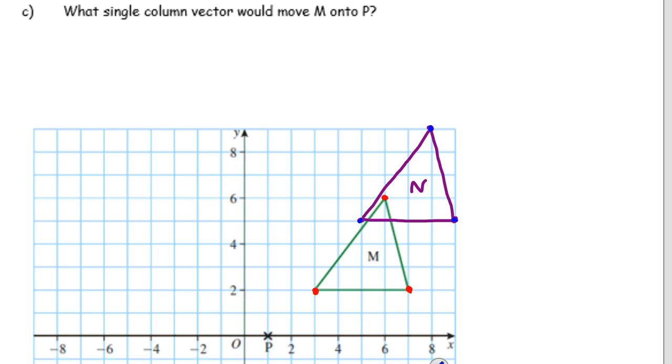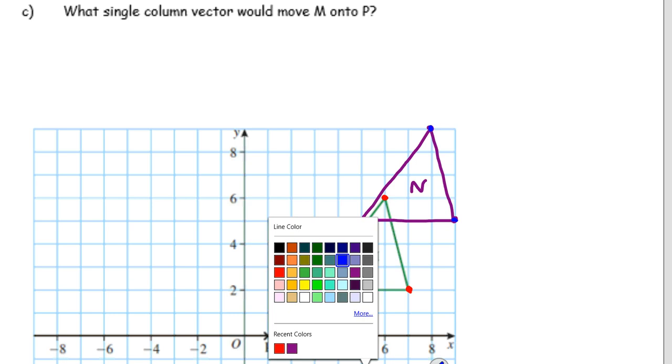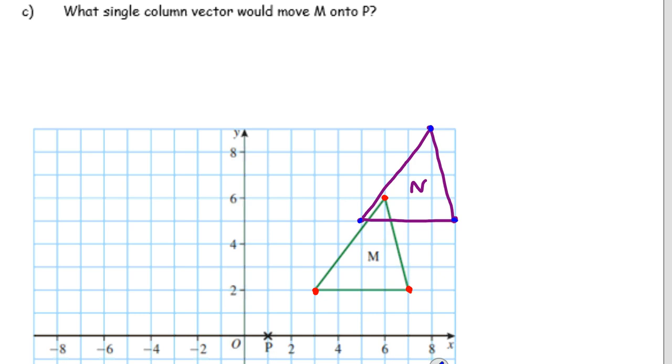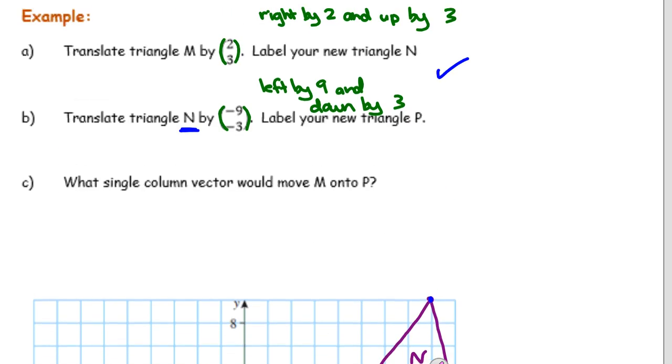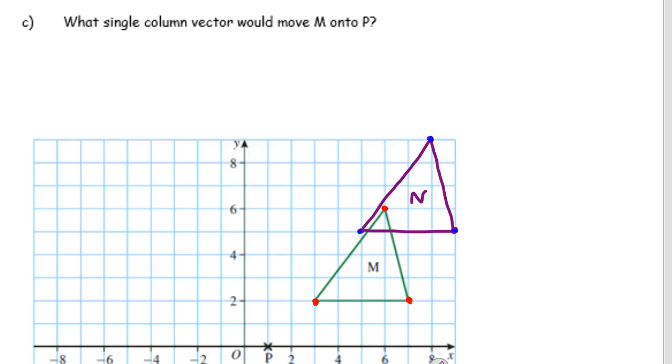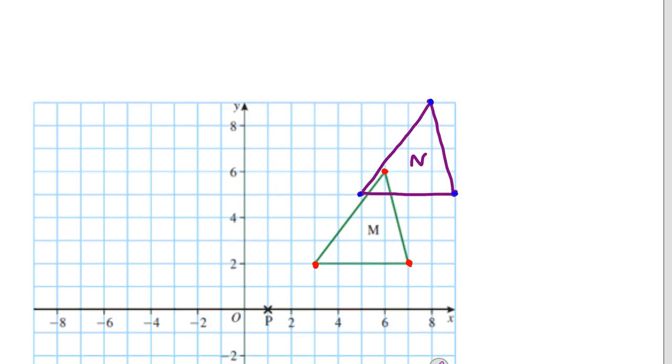I might do this in a nice mauve. Make a nice colour. There's a nice mauve. Okay. So left by 9, what was it again? Left by 9, down by 3. Yep. Okay, so left by 9, this is painful. So the top one, go 1, 2, 3, 4, 5, 6, 7, 8, 9.